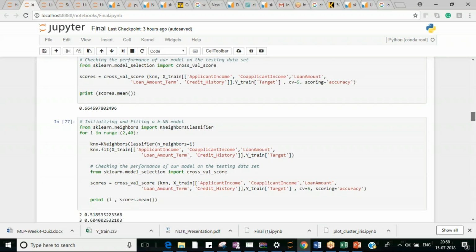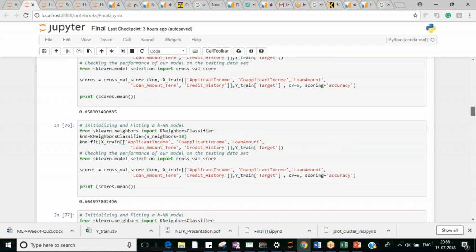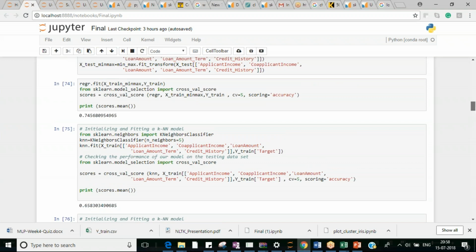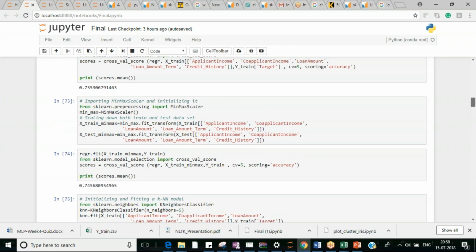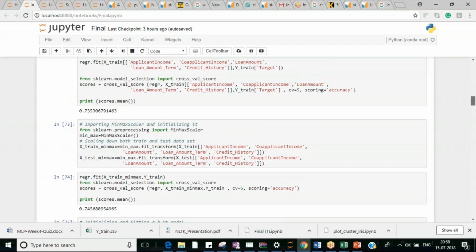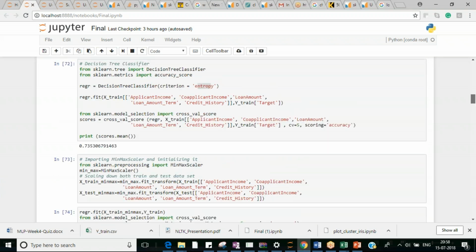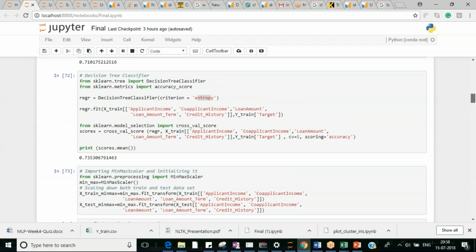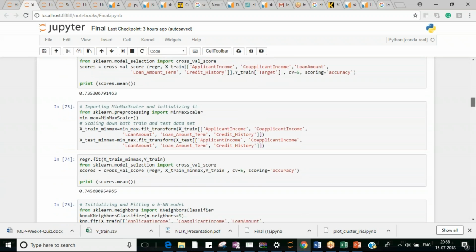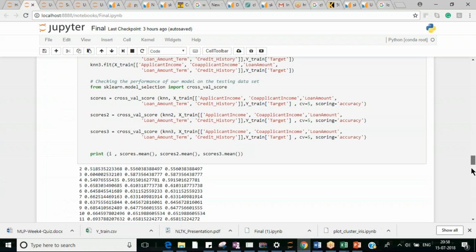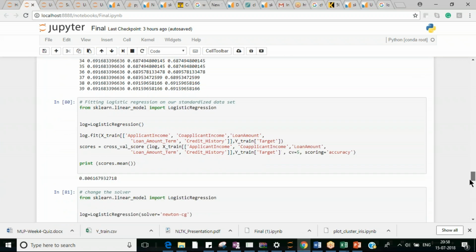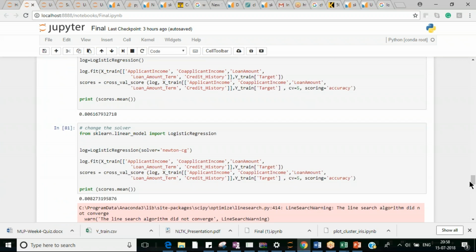Which one did change after scaling? Yeah, decision tree changed after scaling, but logistic regression didn't change much after scaling. Why? Any answer?